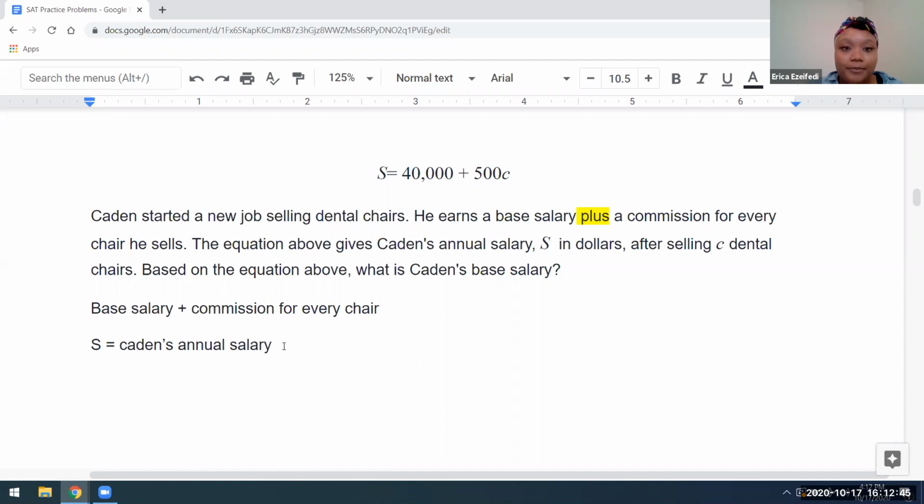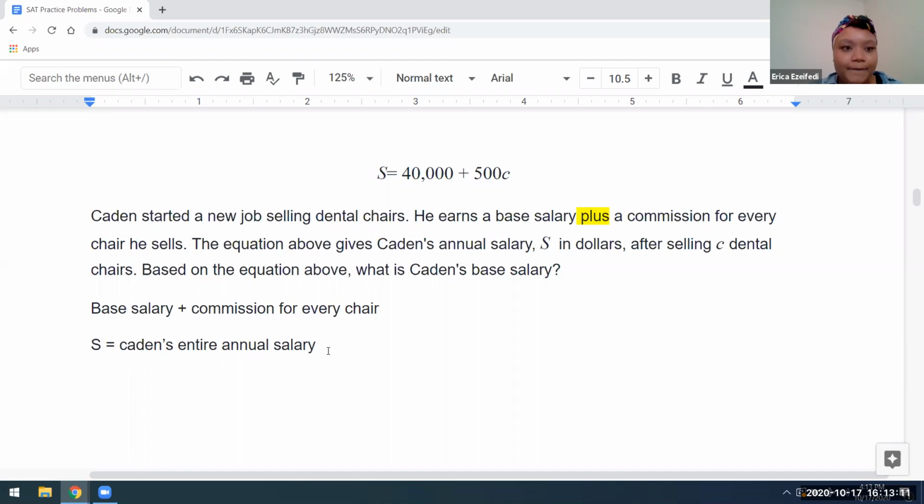So it says annual salary S in dollars after selling C dental chairs. So if it's his annual salary after selling C dental chairs, that means it's the entire salary. So Caden's entire salary.